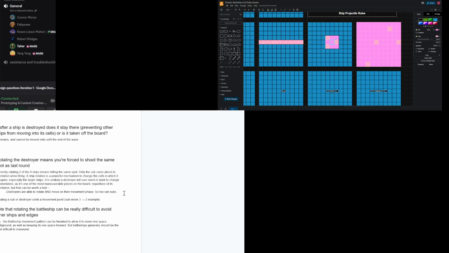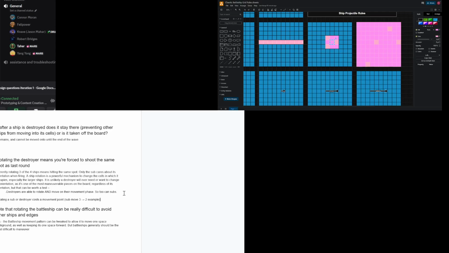So in above, let me find that section first. Oh, it says you're asking what happens if we hit the same part of the ship that was previously damaged. And you said, great question, and this brings a new design idea. Ships would have hit points, a total for the ship.